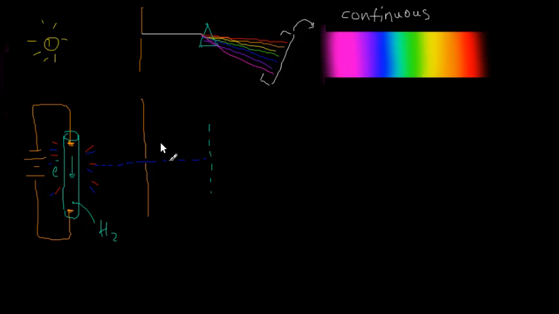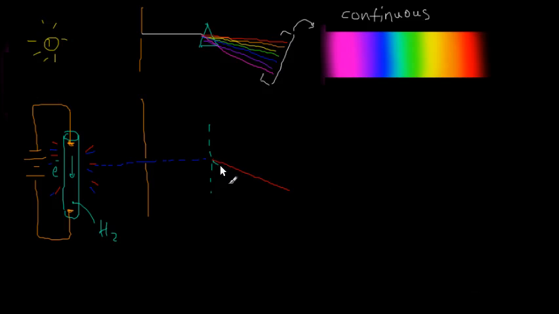Right, there would be a red color. Now this time I'm just going to draw the first order fringe spectrum on the lower side.